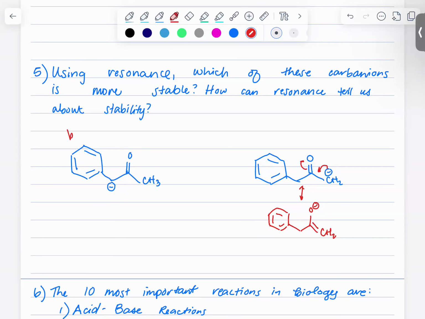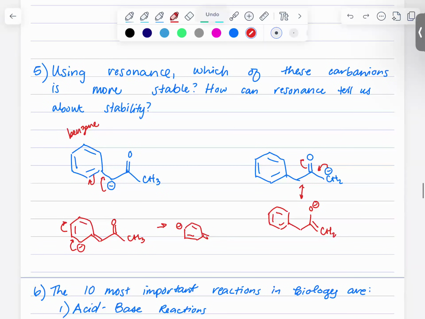The benzene ring. So there's a lot more resonance structures that we can make for this molecule over the other one.